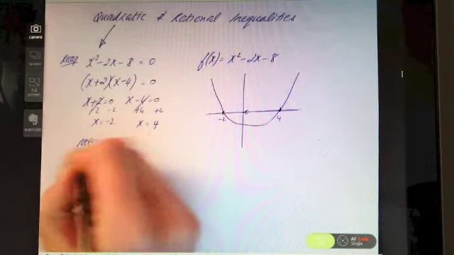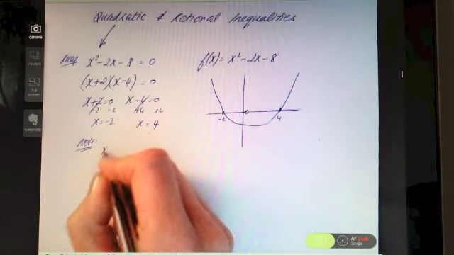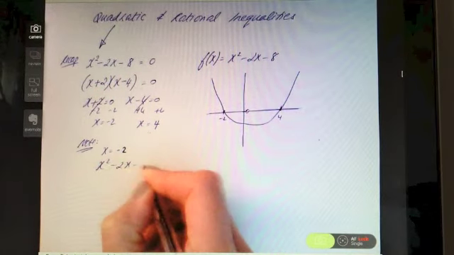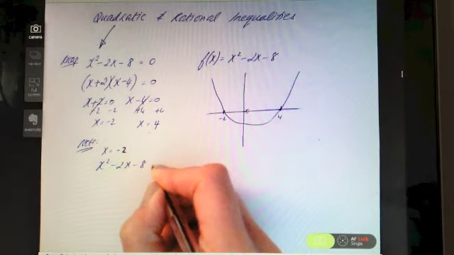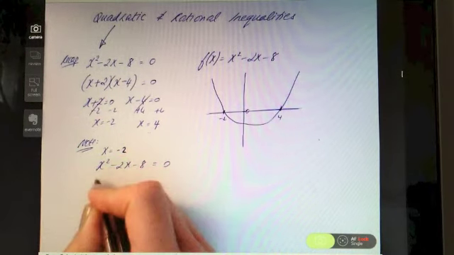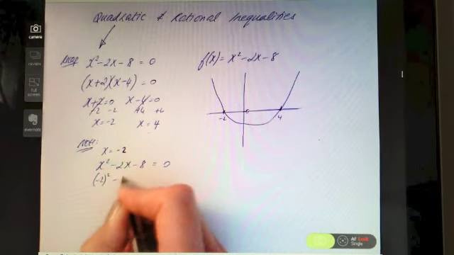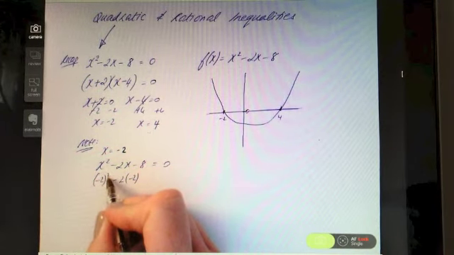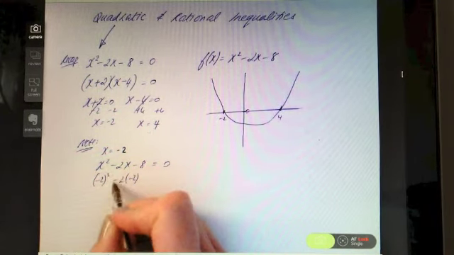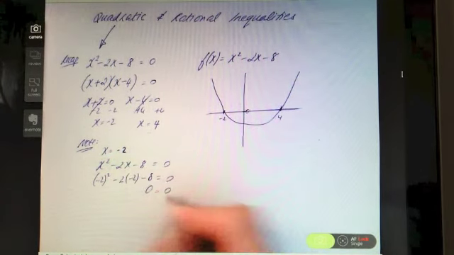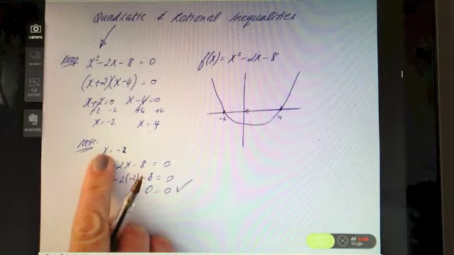So just to add that note in to bring this all together, when x is minus 2 in the quadratic x squared minus 2x minus 8, this is a solution to this quadratic. In other words, if you sub it in for x, instead of x squared you get minus 2 squared, instead of minus 2 times x you get minus 2 times minus 2, minus 8, and that all works out to be 0. Hence, it's a solution.